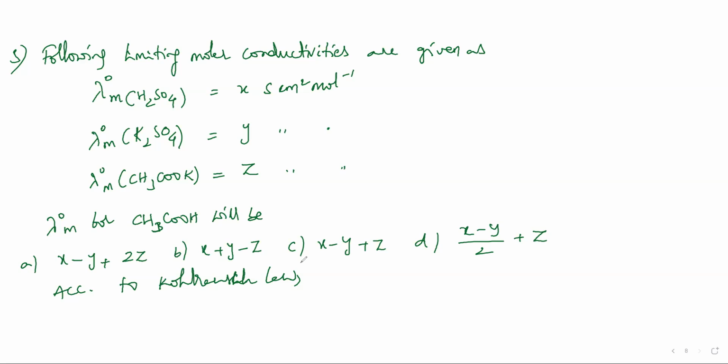So how can we get it? Here, consider H2SO4: 2 hydrogens are there, 2 H plus ions and SO4 minus 2.